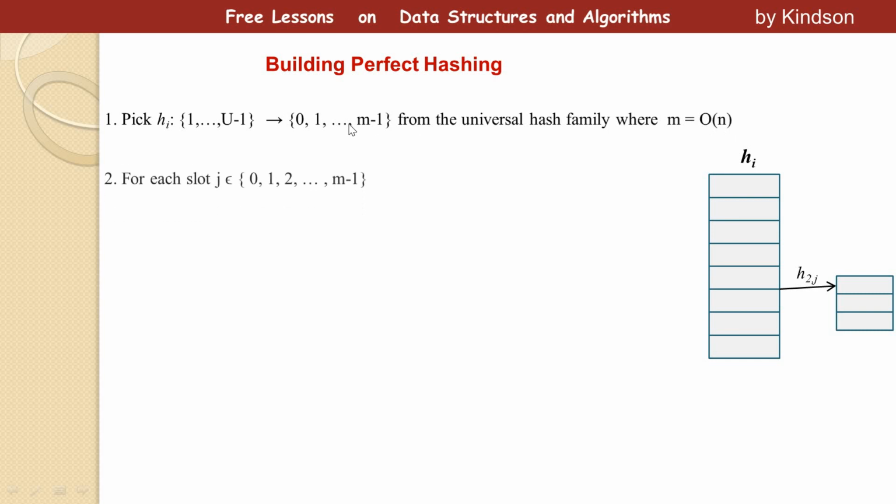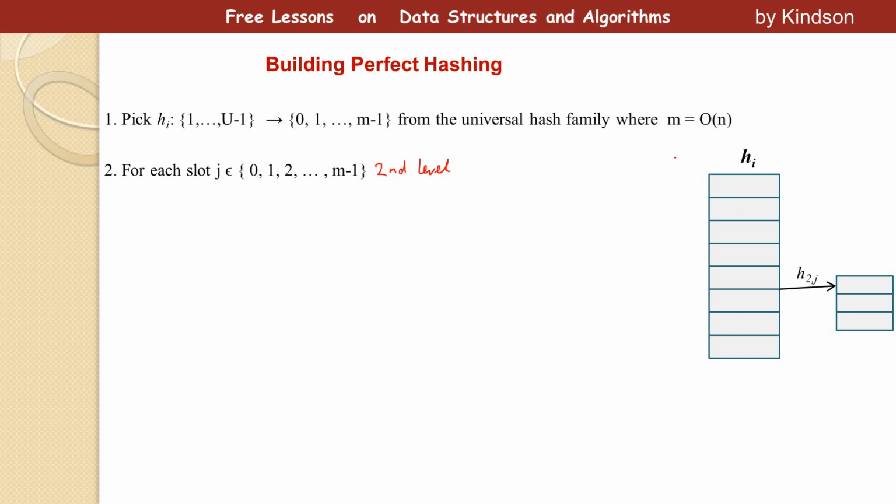So in step 2, for each slot j, 0 to m minus 1, this one is the second level.